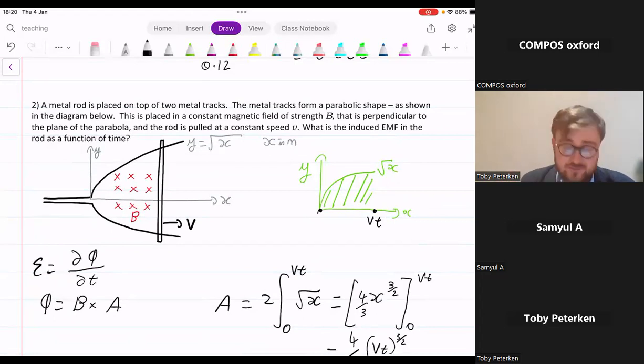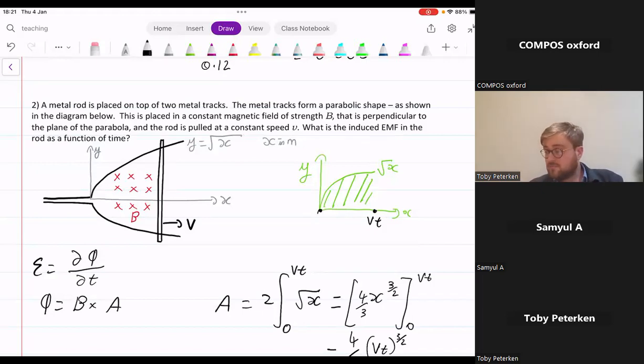Instead, what happens is as the flux here increases, the current is in such a direction that it decreases the flux.